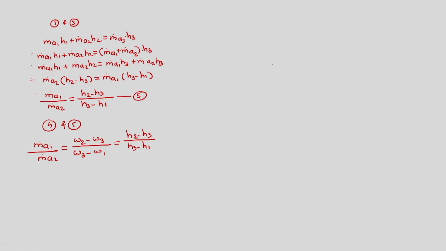Now this is very simple to identify the states. State 3, if we know that we are at state 1 here, we are at state 2 here, then we have to identify where is our state 3, and that is why we would know mass flow rates m dot A1 and m dot A2. Then from m dot A1 and m dot A2 we can take their ratio.